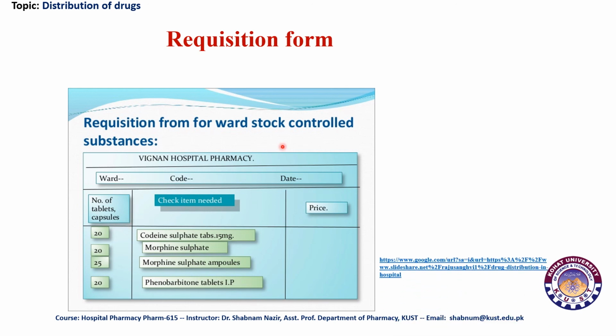Usually controlled substances are supplied in unit dosage forms, like ampoules, tablets, and capsules. After the number, there is a column giving the drug name, dosage form, and strength. In another column, price could also be given, but that would be recorded by the pharmacist after proper review of the requisition form. So this is a sample of a requisition form.